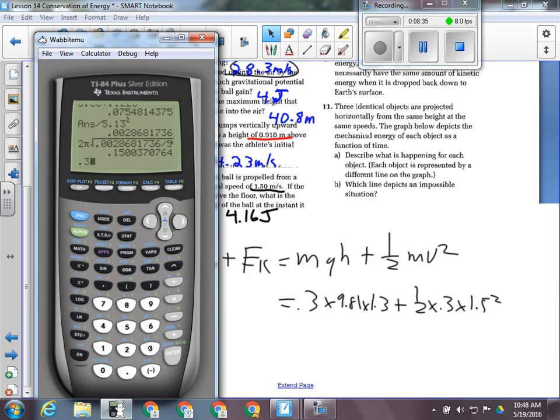Right, so 0.3 times 9.81 times 1.3 plus 0.5 times 0.3 times 1.5 squared. 4.16. Okay. Everybody all right with that one? So that's just a calculating mechanical energy kind of question, not even a law of conservation of energy question.